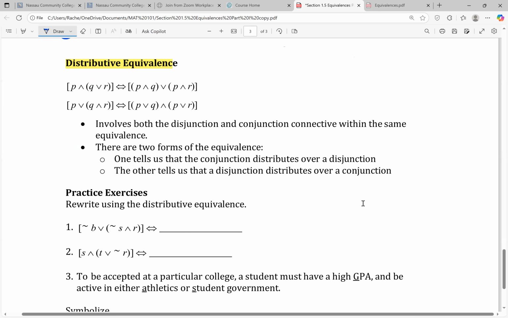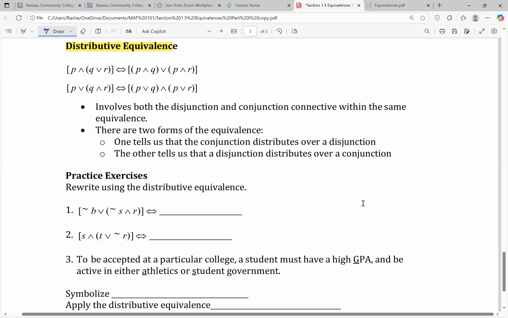So let's practice this equivalence. So let's look at number 1. We have not B or not S and R. So think about distributing, right, the not B with the disjunction over the conjunction, right?